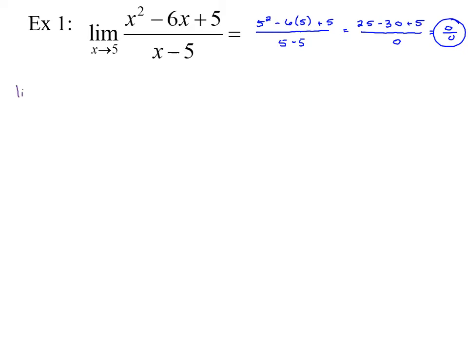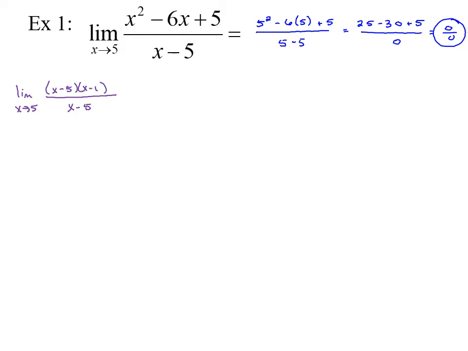So if I take the limit as x approaches 5, how could we simplify this? Well, the first instinct is to try to factor it. While the bottom does not factor, x minus 5 is the best you're going to be able to get, x squared minus 6x plus 5 can be factored into x minus 5 times x minus 1.